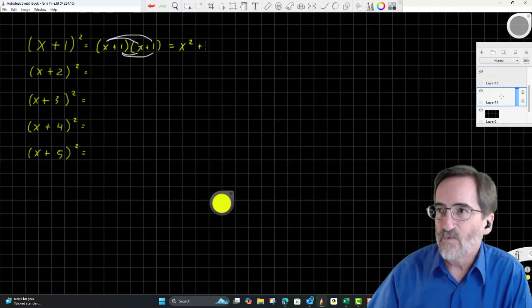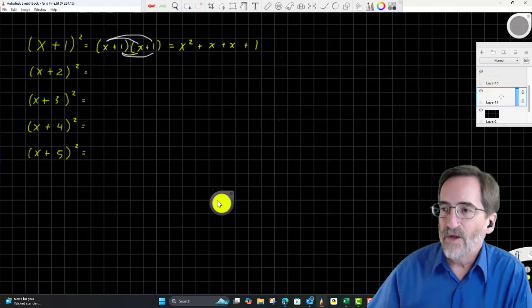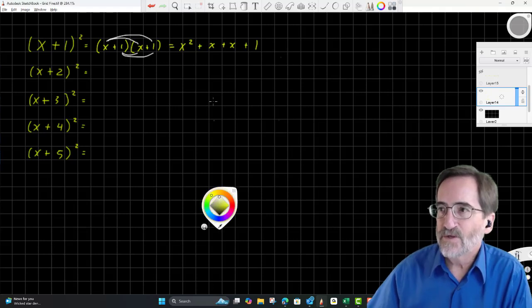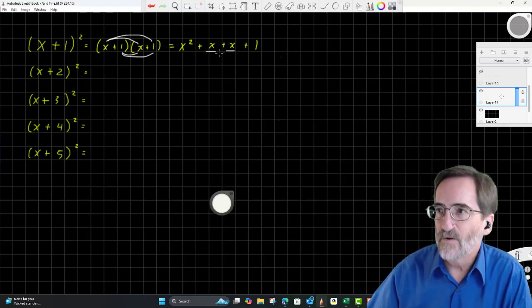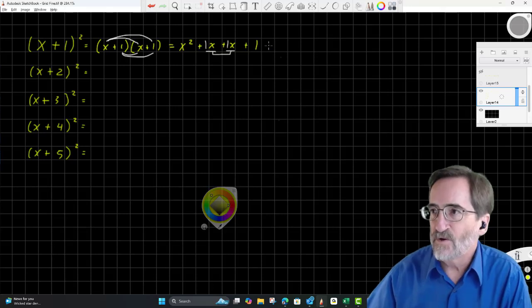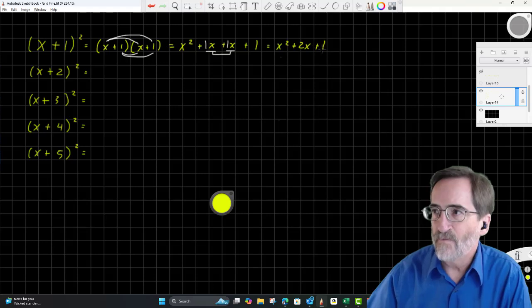X times 1 is 1x. X times 1, or 1 times x, is 1x. And 1 times 1 is 1. Then you may recognize that we have two like terms in the middle, 1x and 1x together, making 2x. So this results in x squared plus 2x plus 1.